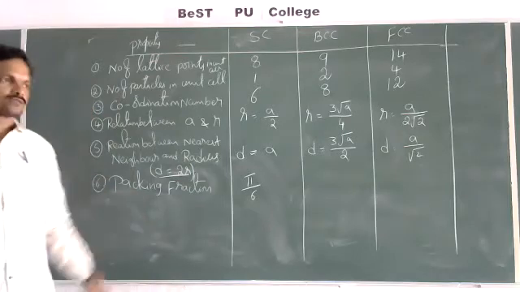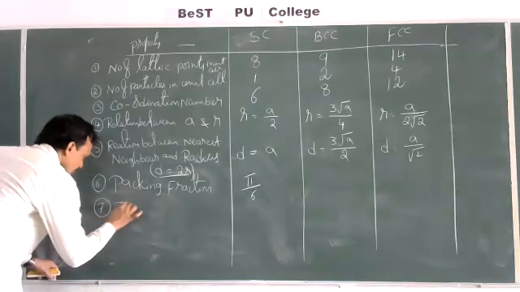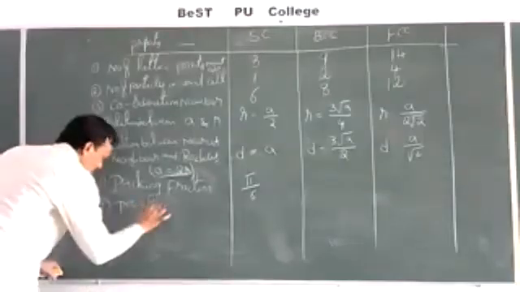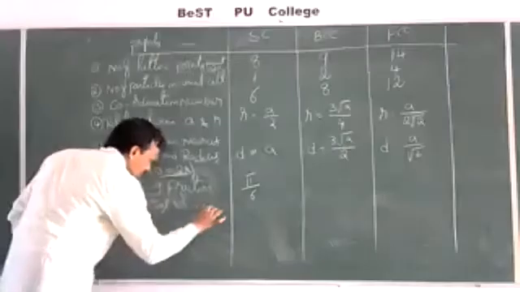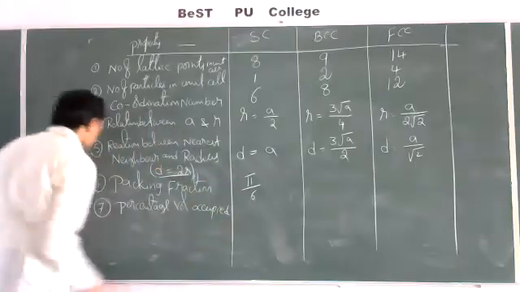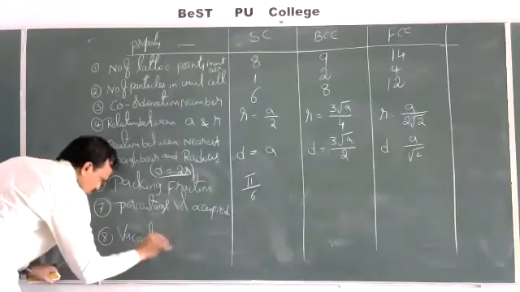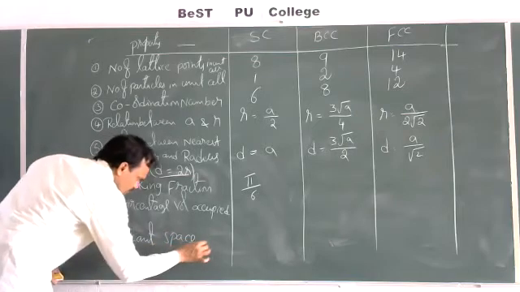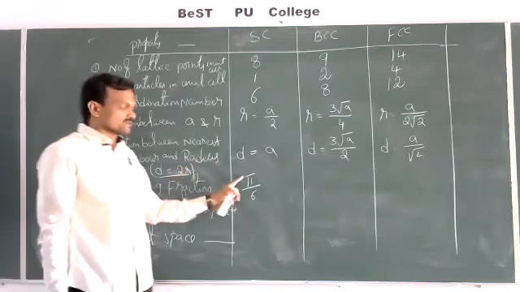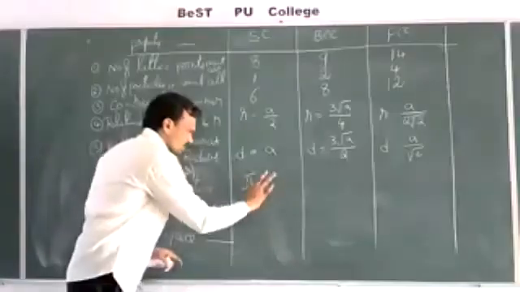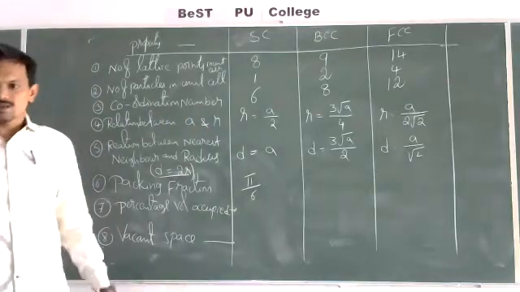Packing percentage, now see next one. Percentage volume occupied. And next one, vacant space. So packing fraction is pi by 6 for simple cubic, and if you multiply this with 100, then we can get packing efficiency in terms of percentage.